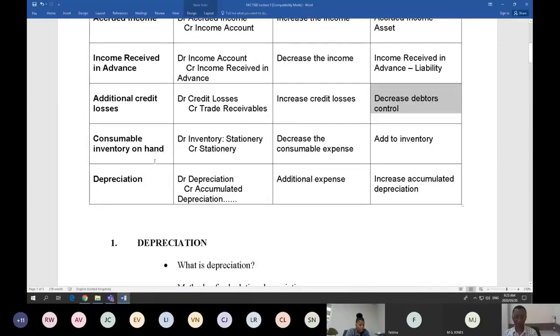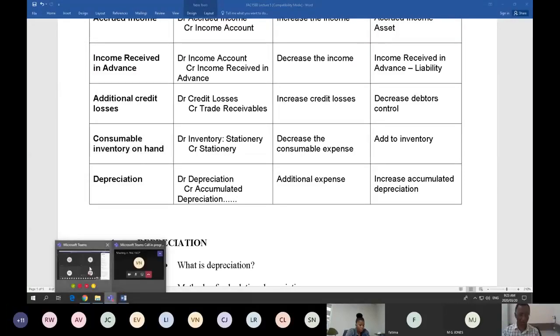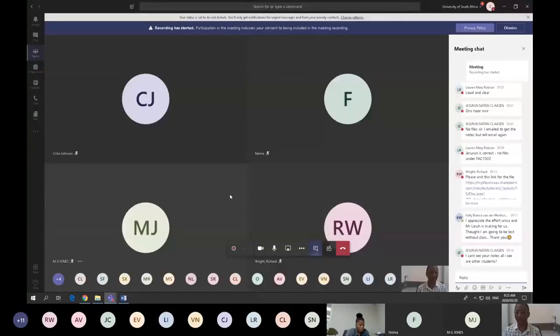Right, guys, we're almost done with the adjustments. The next adjustment is what we call consumable inventory on hand. When we talk about consumable inventory, guys, it is the expense, the consumable item that we still have on hand at the end of the financial year.